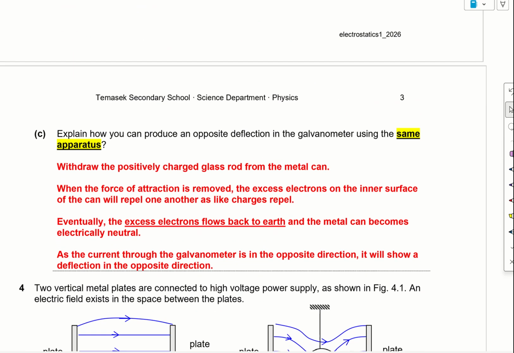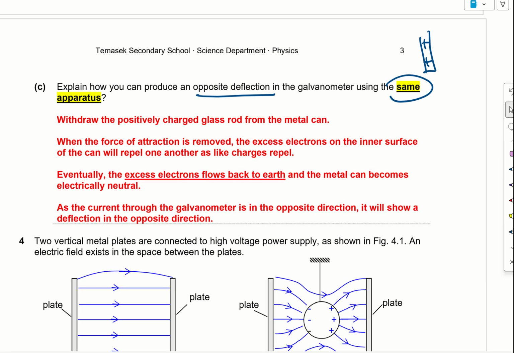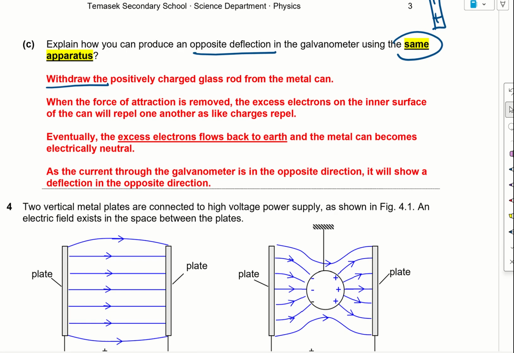Part C, explain how you can produce an opposite deflection in the galvanometer using the same apparatus. That means you are still using a positively charged rod. The action is to withdraw the positively charged glass rod from the metal can. When the force of attraction is removed, the excess electrons on the inner surface will repel one another as like charges repel.